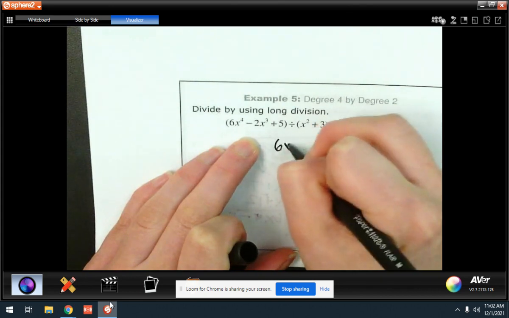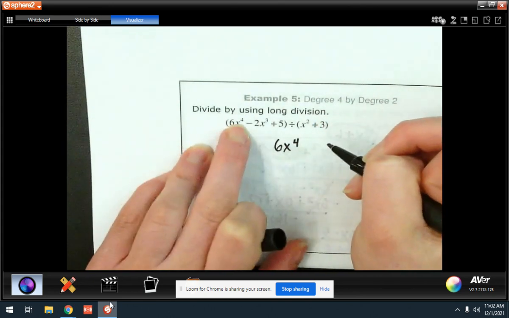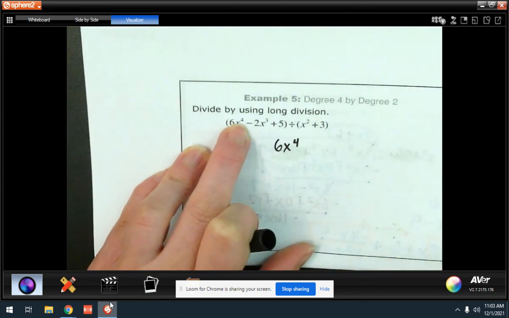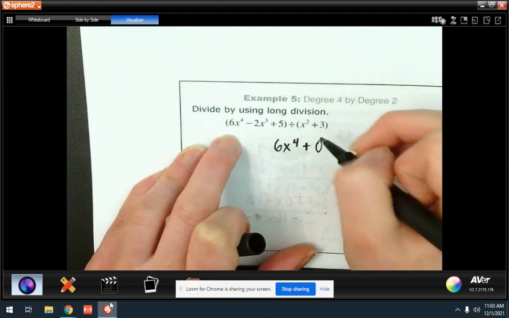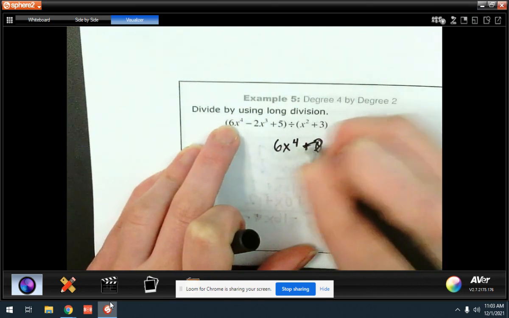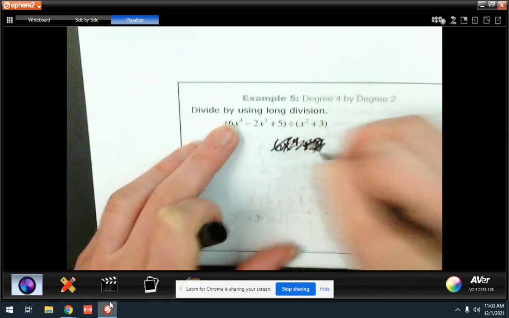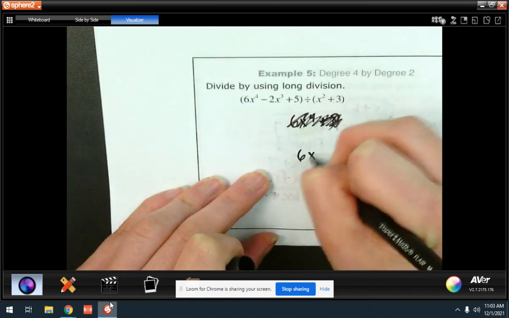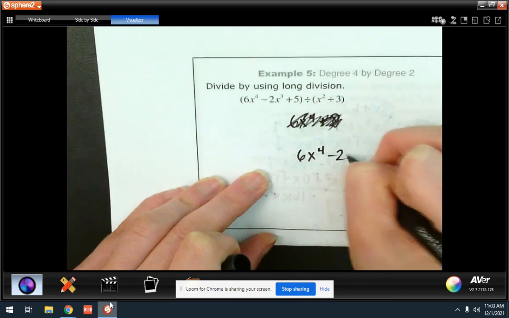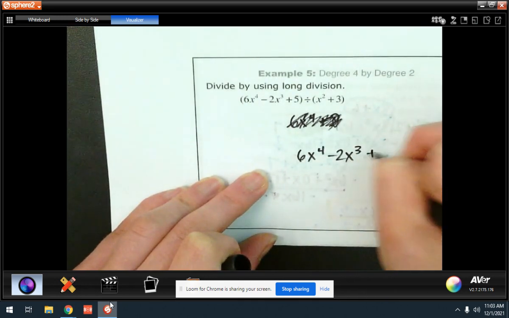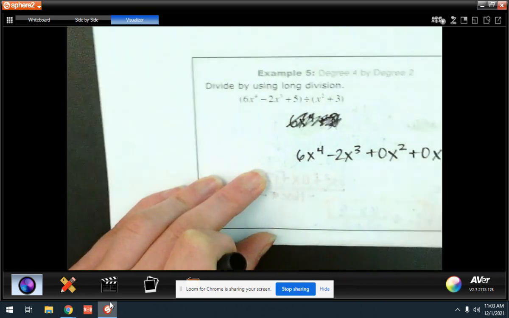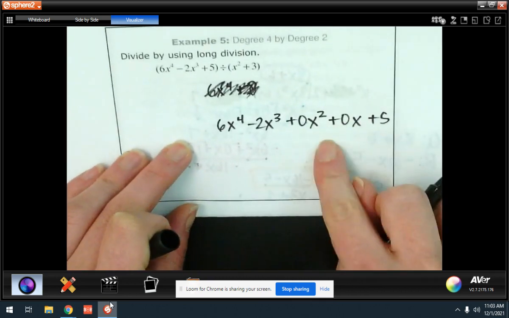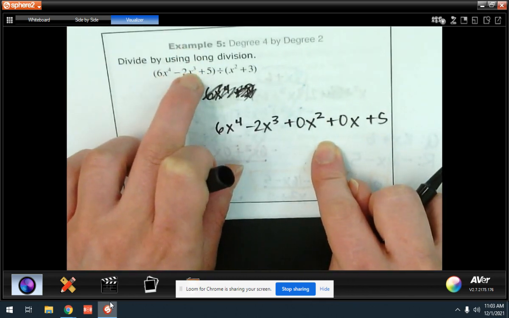So 6x to the fourth, let me start over. 6x to the fourth minus 2x cubed plus 0x squared plus 0x plus 5. Missing both of those. We went straight from x cubed to 5.